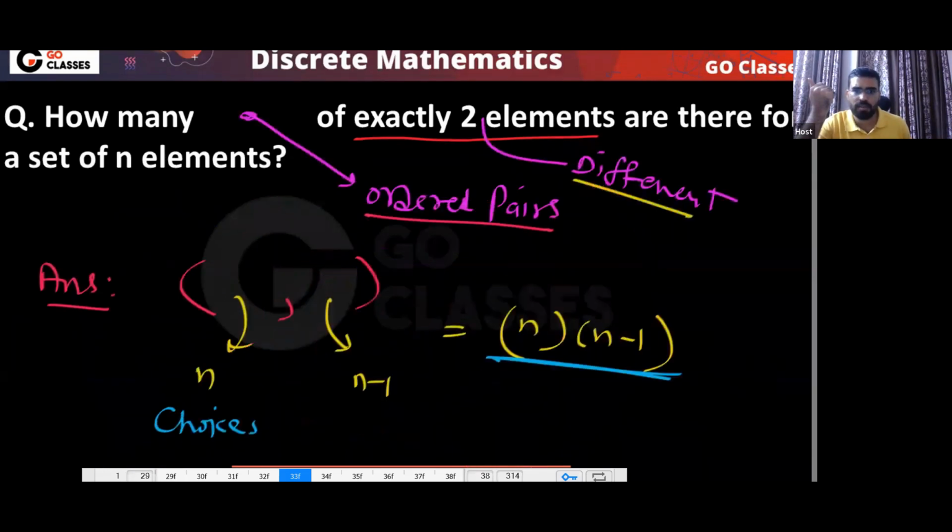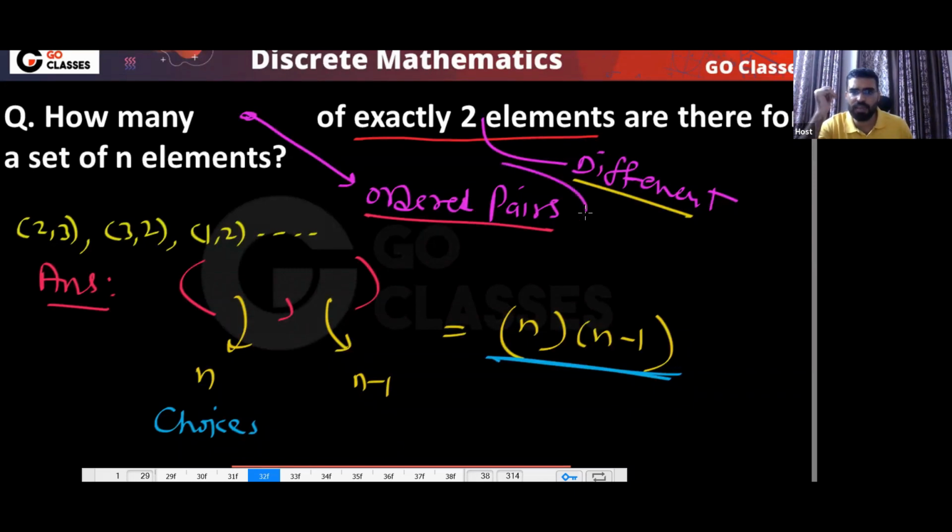Any doubt here? Here we have different elements, so these are ordered pairs of exactly two different elements. So don't count these type of things. Different elements like this type of ordered pairs I am asking: 2, 3, 3, 2, 1, 2. Is there any doubt in this question?